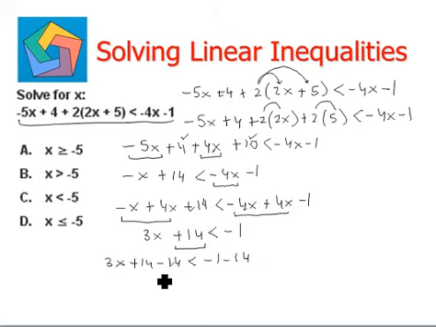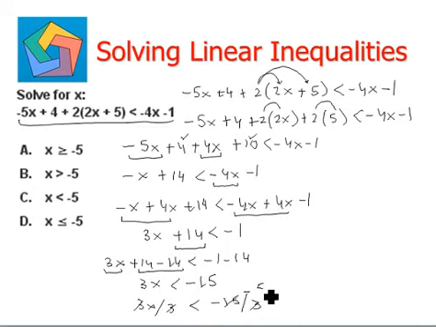So here we have 0 and this is only 3x, so 3x is less than negative 15. To find out the value of x, we divide by 3 on both sides, so we get 3x divided by 3 is less than negative 15 divided by 3. This becomes 1. Negative 15 divided by 3 is negative 5. So x is less than negative 5 is the final answer and can be seen in option C.